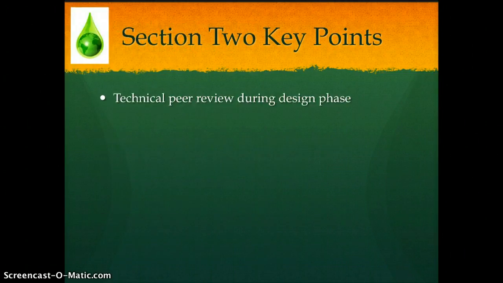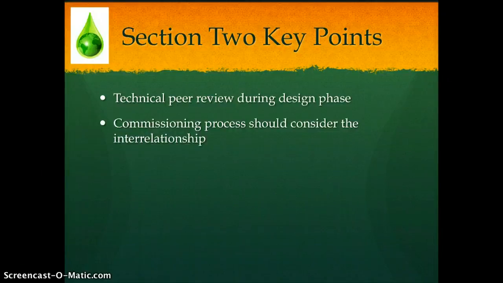The following concepts should be included in building commissioning to reduce the possibility of moisture and mold problems. Technical peer review should occur during the design phase to identify issues which are likely to cause moisture and mold problems. The commissioning process should consider the interrelationship of the building envelope and the heating, ventilation, air conditioning system.